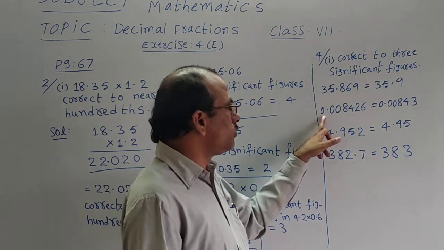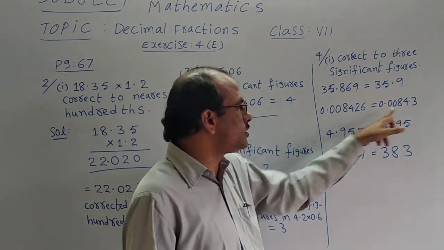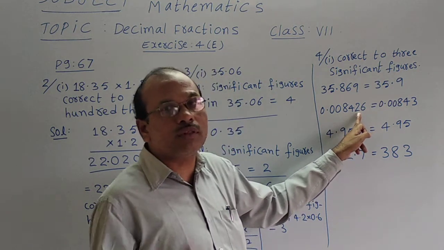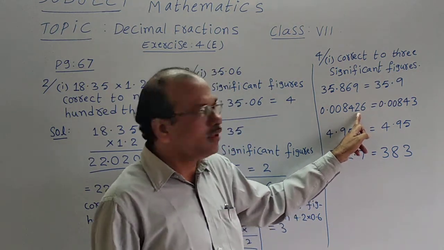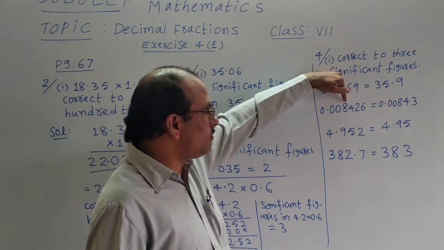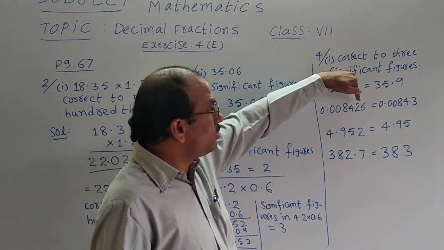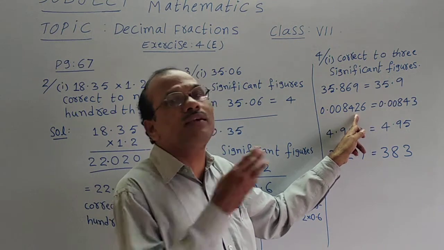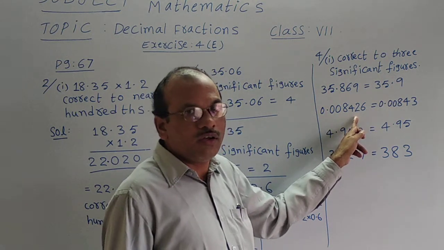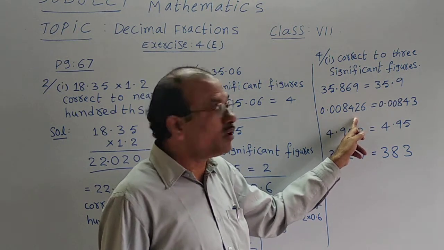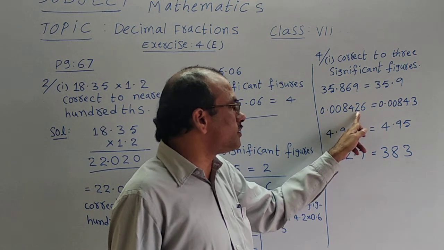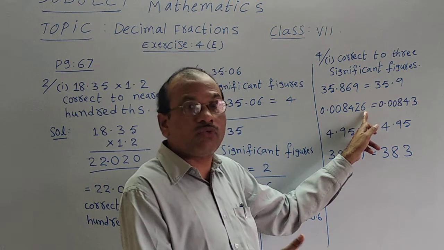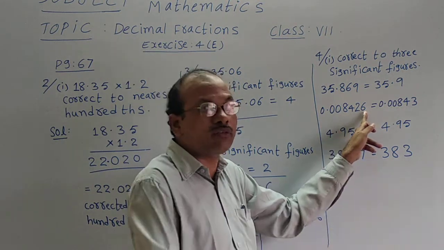Then all this zeros part we will take as it is, that 8, 4, 2, up to the 3 digits which are valid. 8 is a valid one, 4 is a valid digit, 2 is a valid digit. Up to the 2 we want to write, because I said 3 valid digits we have to write. Then I have to check the next digit, whether equal to 5, more than 5, or less than 5.